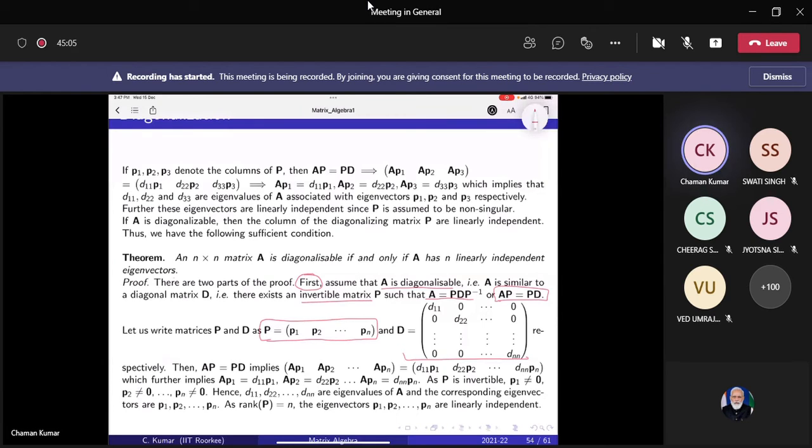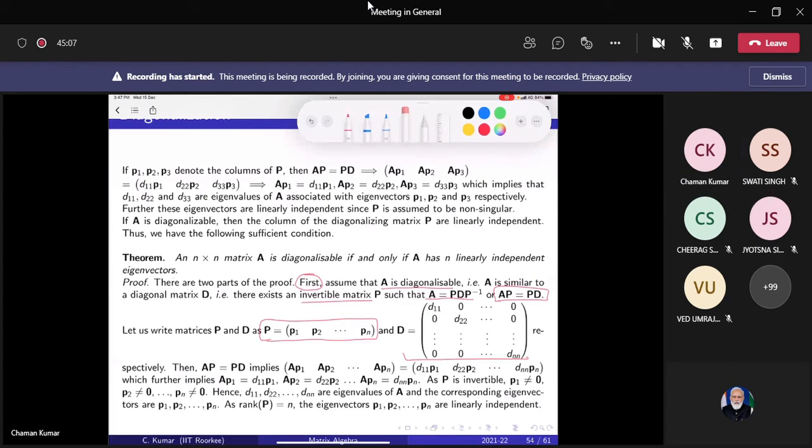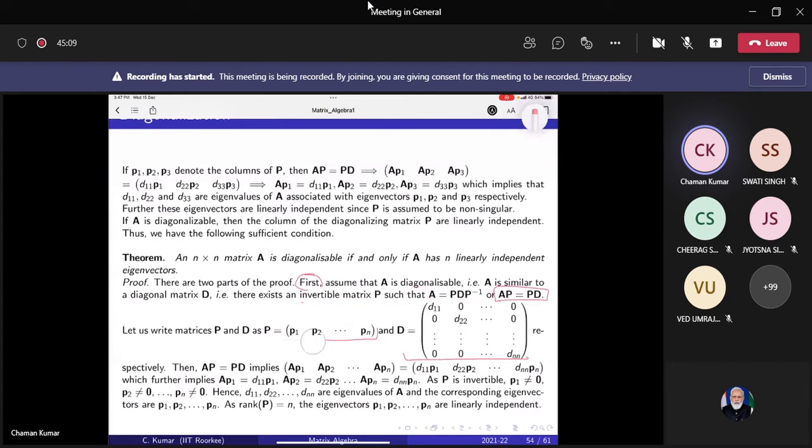Now we start using this notation. We consider this relationship.